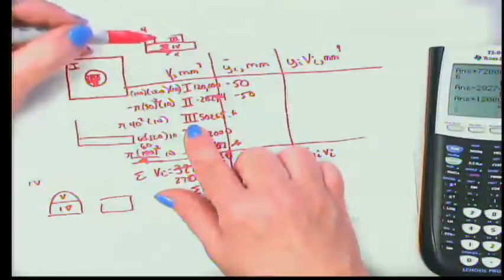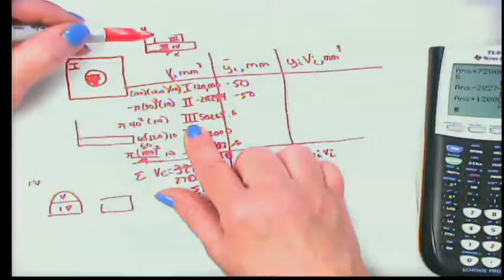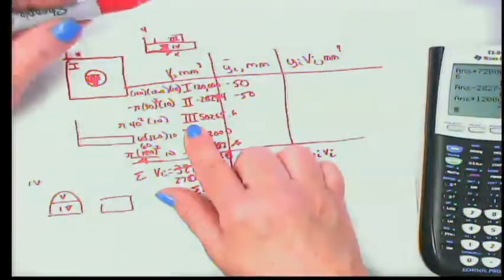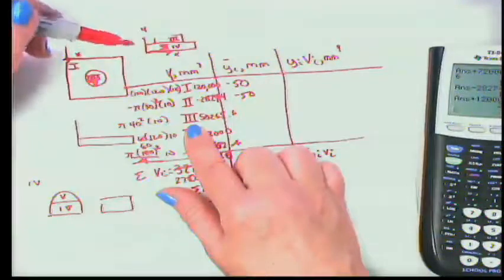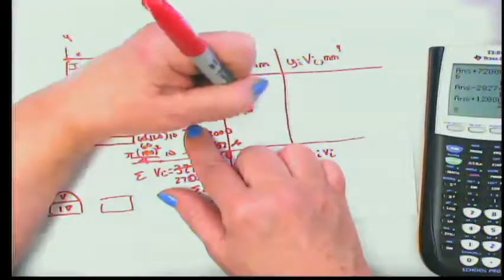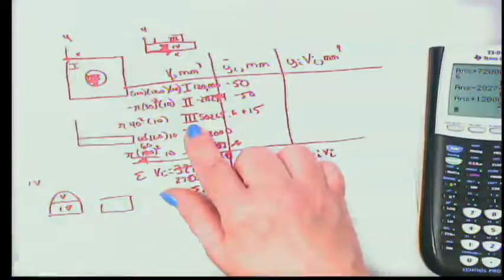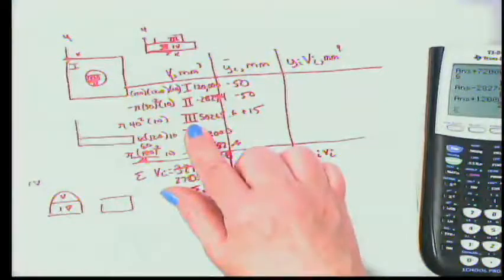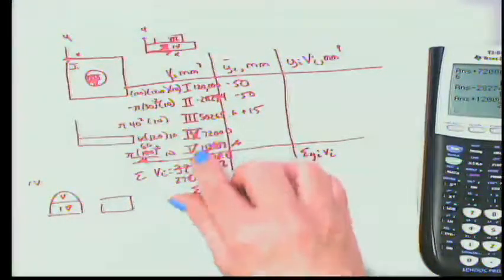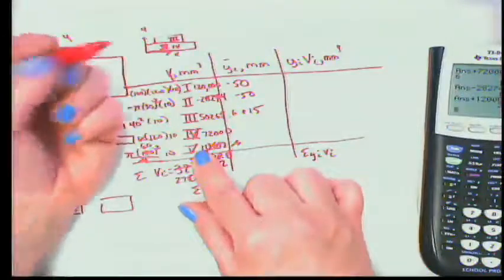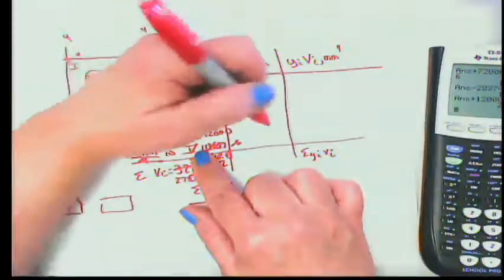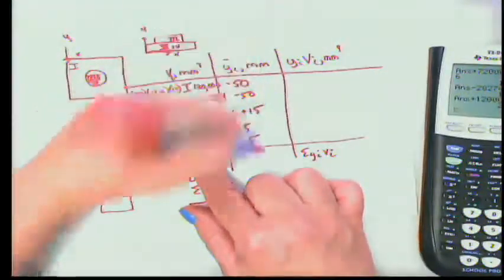Part 3, which is the knob on top, is 10 millimeters up plus half of the thickness, 5. So that's going to be at a positive 15, right? And then the flat plate and the semicircle are both going to be halfway up, so 5 and 5.